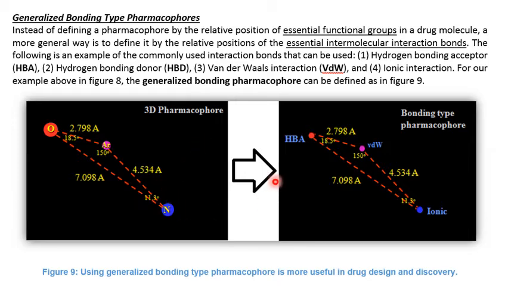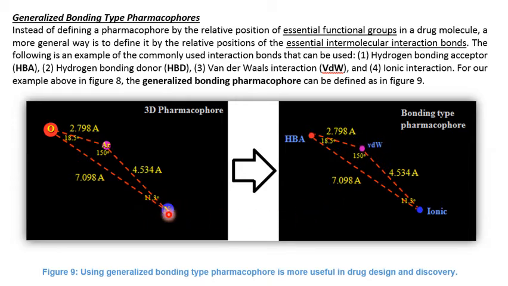There is another kind of pharmacophore called the generalized bonding type pharmacophore. In this type, we define the interactions that each of these groups can be responsible for. So instead of defining an oxygen here, we would say this oxygen is responsible for making a hydrogen bond acceptor with the binding site. This aromatic benzene is responsible for making van der Waals interactions.